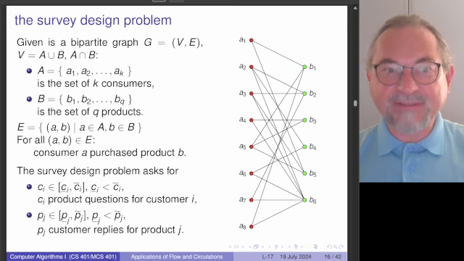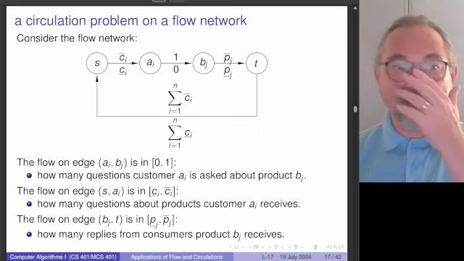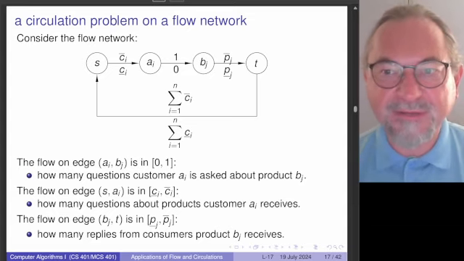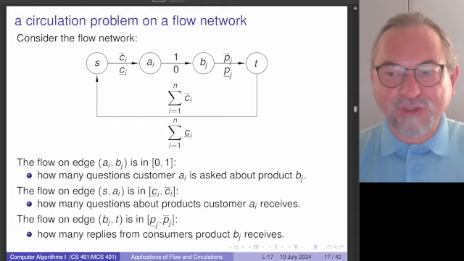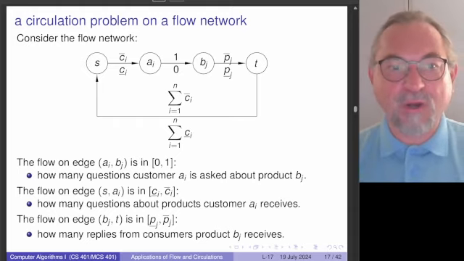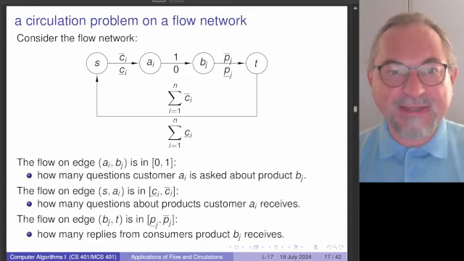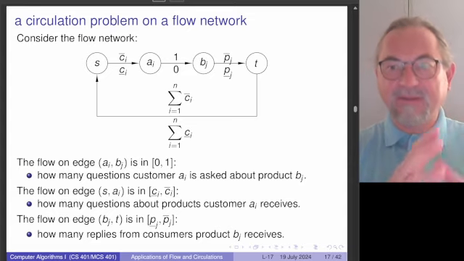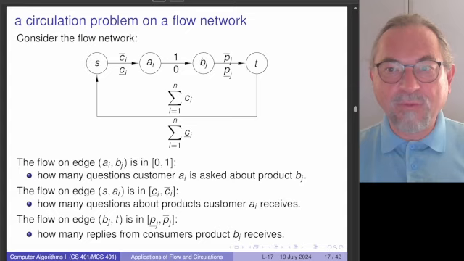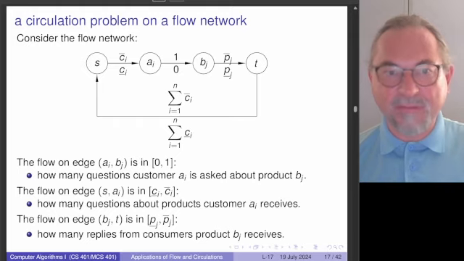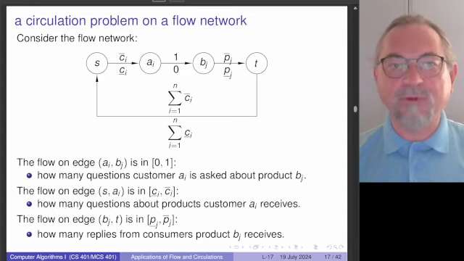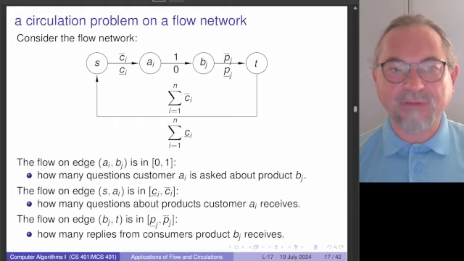Okay, so this translates into a flow problem. So here is the circulation problem pictured in the abstract. We need one source, call it always S. For every customer, we have one edge, and the edge has an upper bound capacity on the number of questions you can ask that customer, and a lower bound on the least number of questions that you can ask.